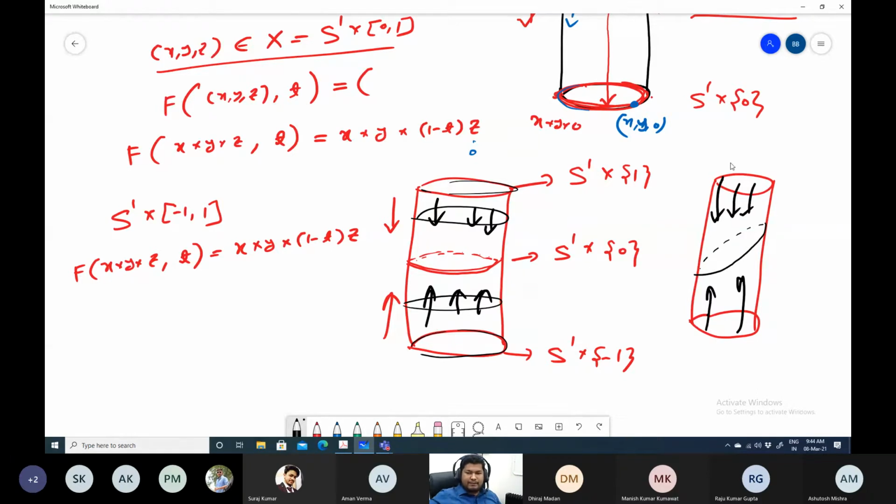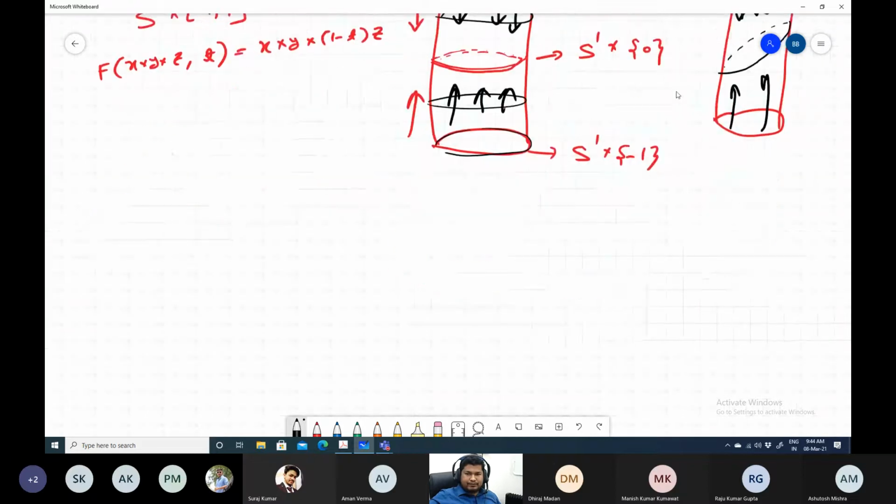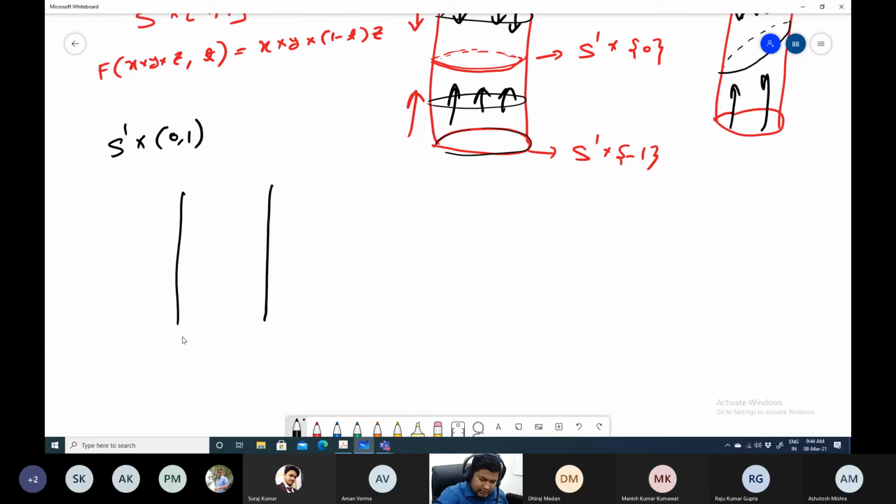Now suppose you have some open cylinder. Open cylinder means it is S1 cross (0, 1). It is a cylinder, but this circle and this circle are not included.